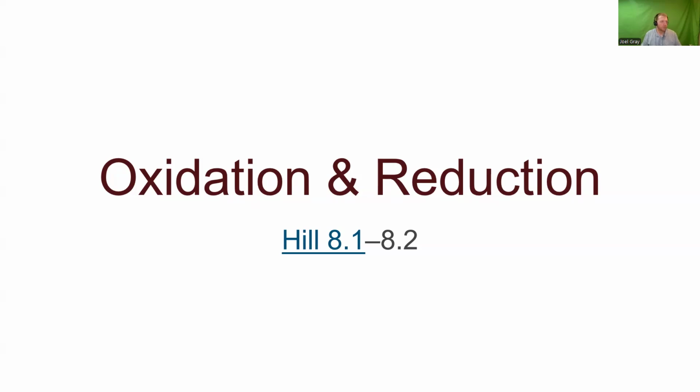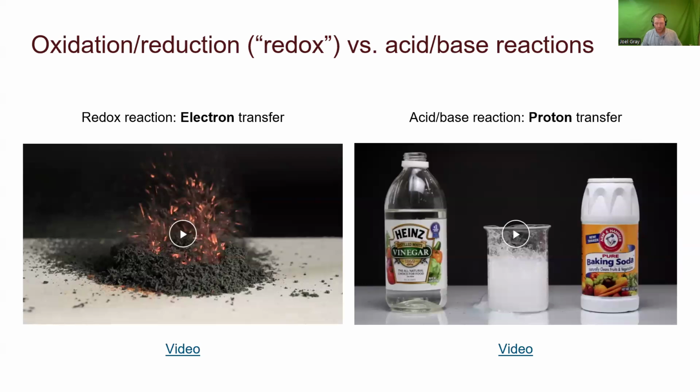And so a redox reaction is what we typically talk about. Redox is the combination of oxidation and reduction into one nice simple word, redox. And a redox reaction is the transfer of electrons. Now, this is not to be confused with an acid-base reaction where we have protons being transferred.